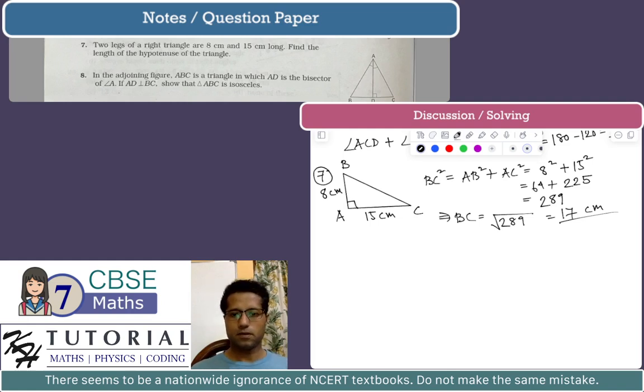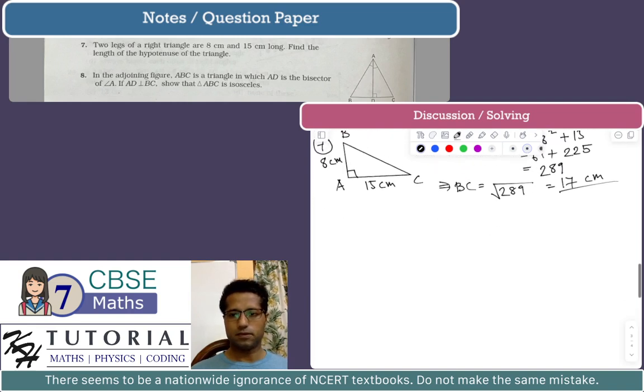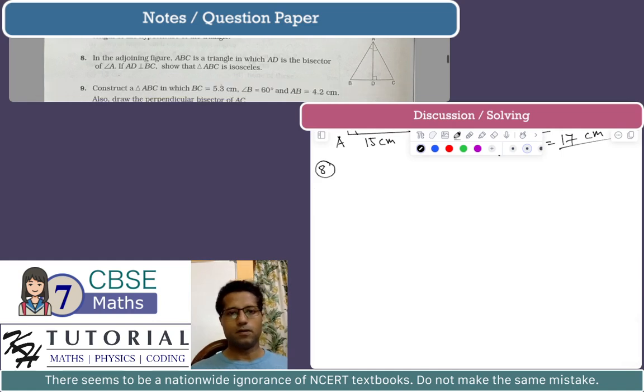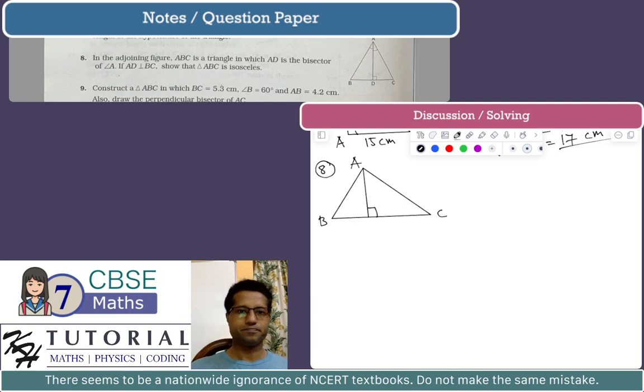Okay. Let's do problem number 8. In the adjoining figure, ABC is a triangle in which AD is the bisector of angle A. So we have a triangle like this, A, B, C. AD is the bisector of angle A, and also AD is perpendicular to BC.